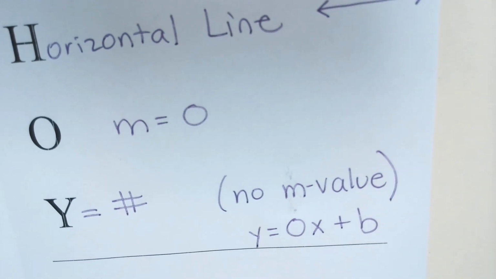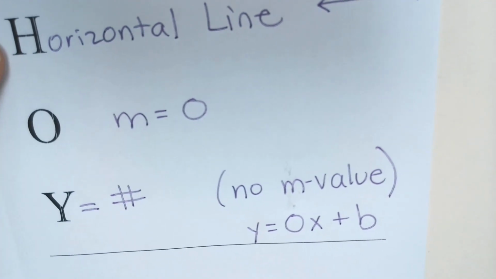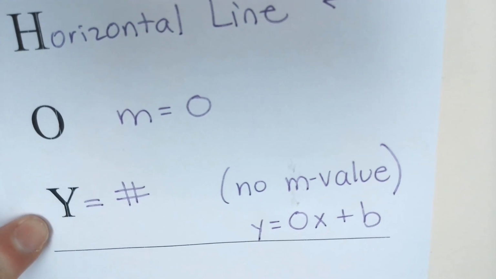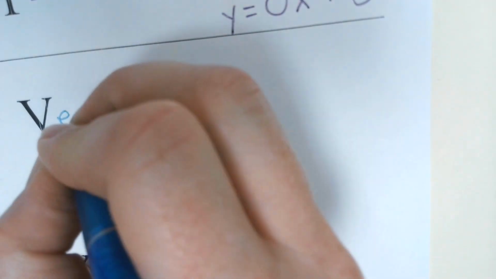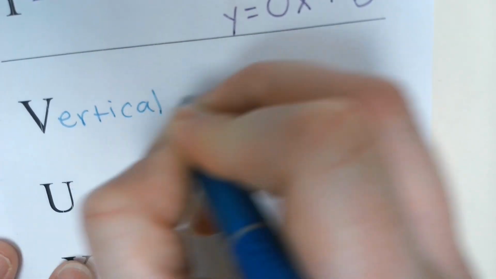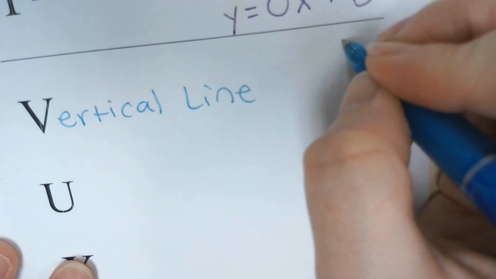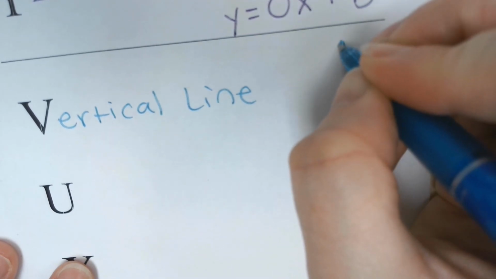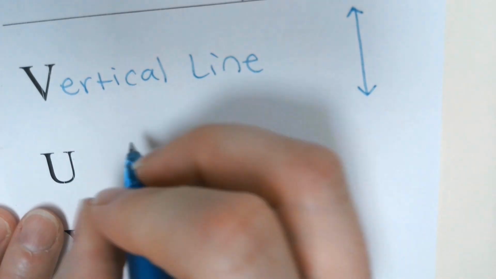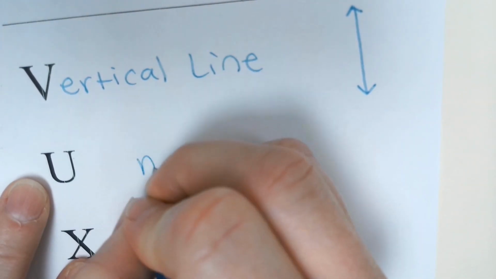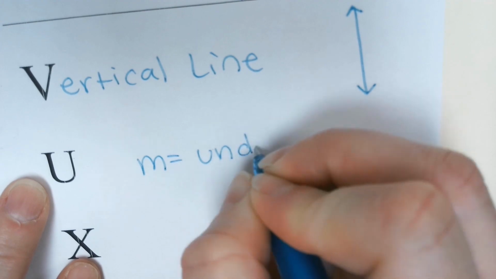Okay, so Vux is the opposite of that. So if we have a horizontal line, 0 slope, y equals a number. Vux is the opposite. So it'd be vertical line. Vertical line is straight up and down. Think about slope, dude. He's falling off the cliff. He says undefined. M equals undefined.